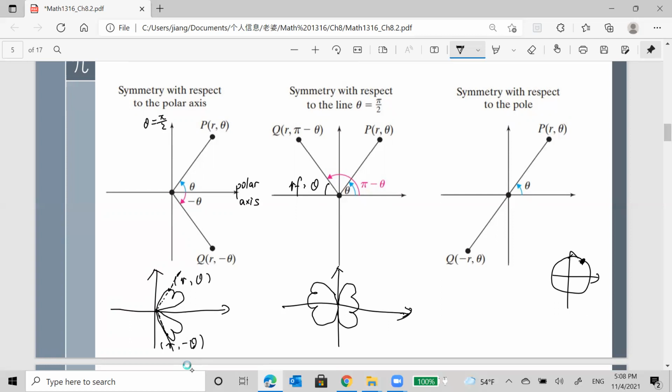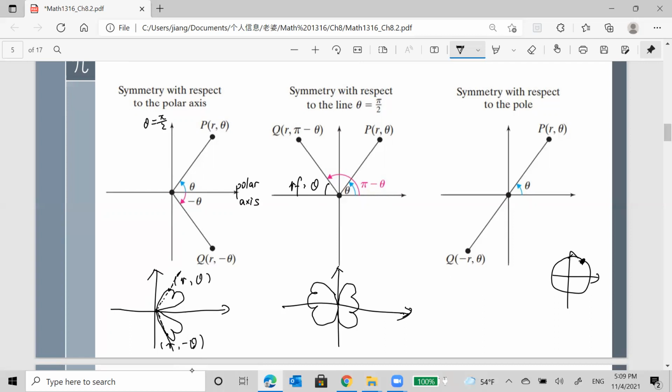Maybe I can reflect it to here, flipping along the polar axis. I got here, and then flip along theta equals pi over 2. I got here. So that means this point jumps to here, and that means symmetry with respect to the pole, because I flip it twice and got here.